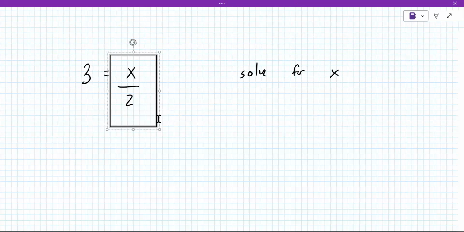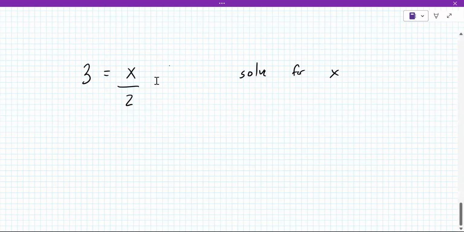Division. Okay, so how do you undo division? Multiplication. Okay, so you undo division with multiplication. So what do you multiply both sides by?